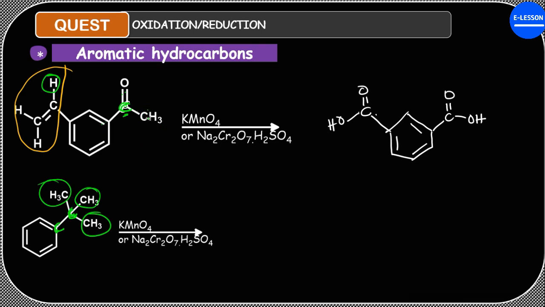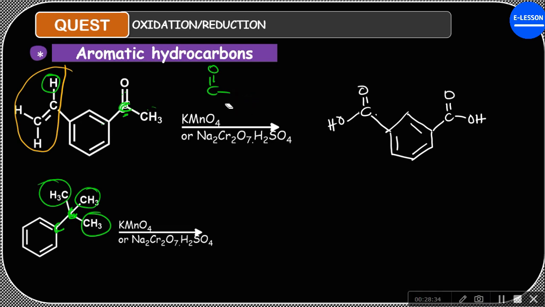Now, if you look at this one very well also, we added one oxygen and then we removed this entire group from here and then added OH. Is that okay? That is why we have this as the product of the reaction. Now, you may want to say, why is it not like this, OH? If you do it like this, it will not give us the carboxylic acid we are looking for. Are you getting it?